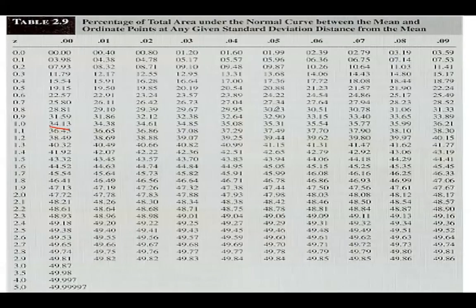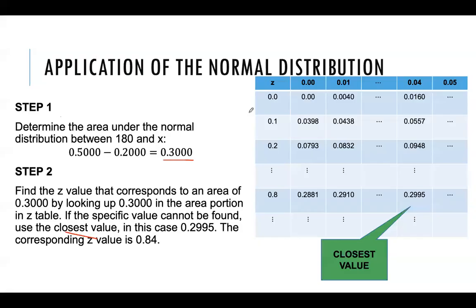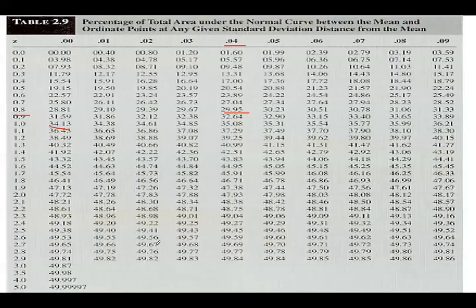Okay, 0.8 and 0.04. There, 29.95 or 0.2995, the closest value to 30.00 or 0.3000. So that is our Z value, 0.84.